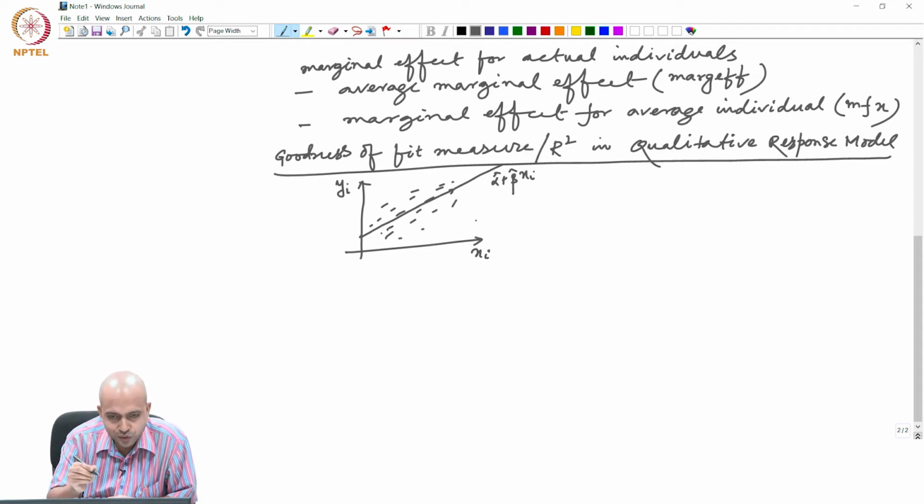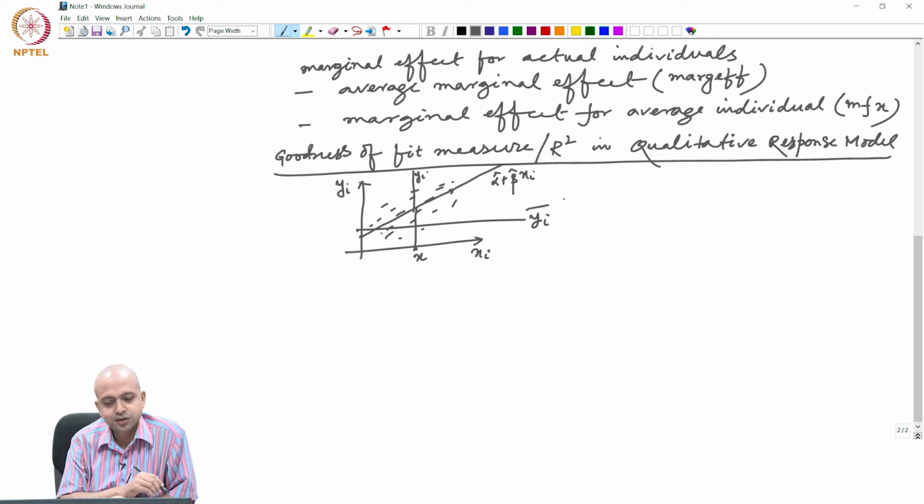And what is your R square? For any given value of xi, what is your predicted value, what is your observed value. Let us say this is your observed value, and let us say this is my yi bar.